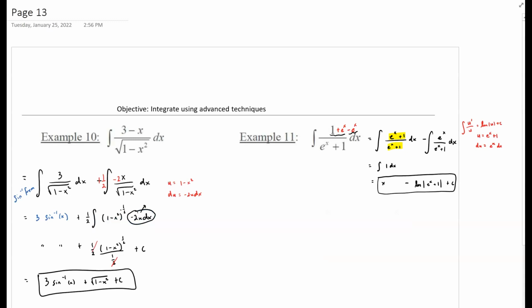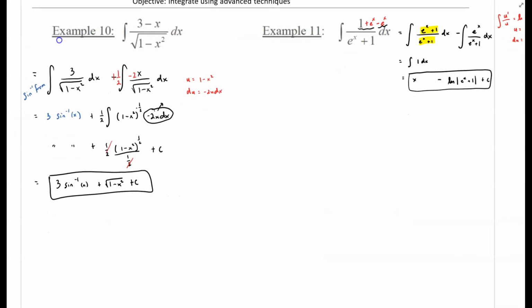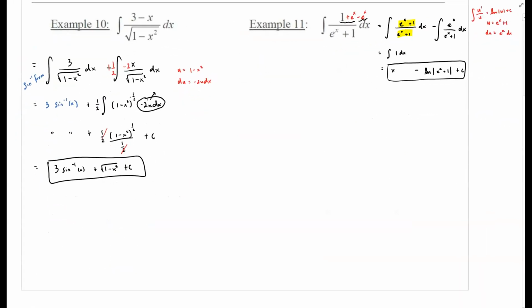And then we looked at splitting our integrands. If you have two terms in the numerator, you can split it if that helps you simplify the integrand. And that's what we did here. The last case, when you have e to the x's, sometimes it helps to add in an e to the x, but remember you have to balance it as well.